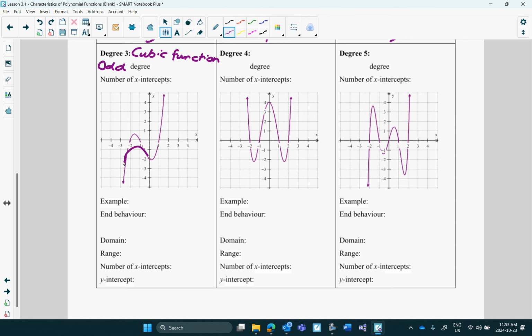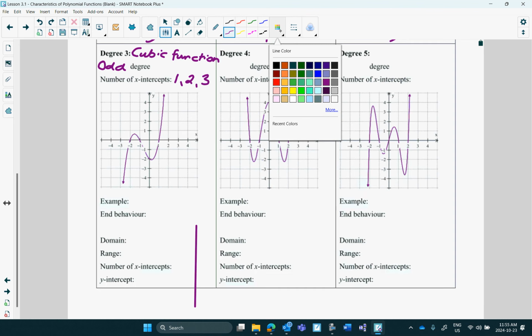How about 0? No, it's always got to go through once. So this one has 1, 2, or 3. An odd degree function, I meant to say, can never have 0 x-intercepts. There has to be 1 at least.